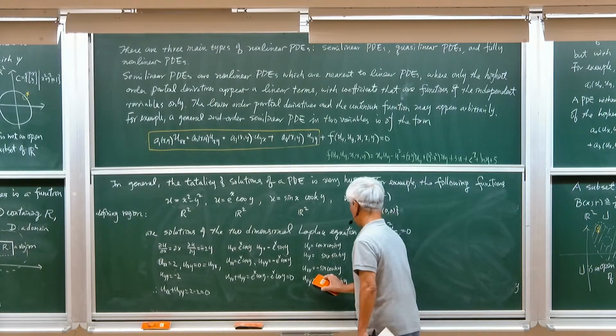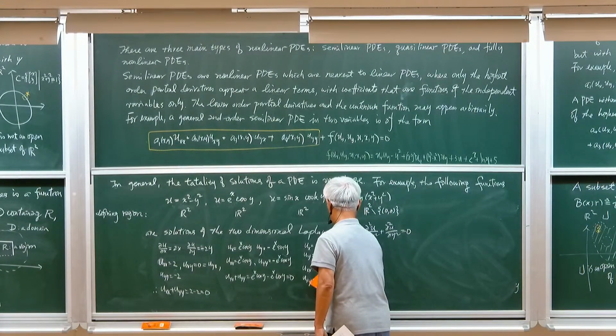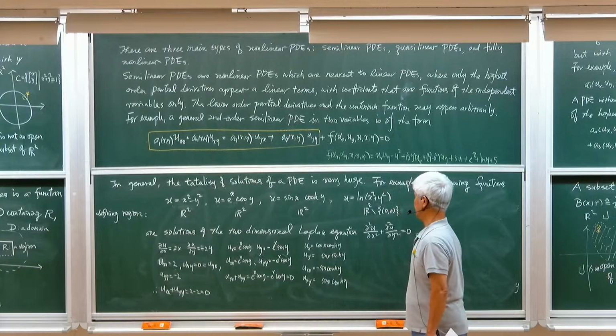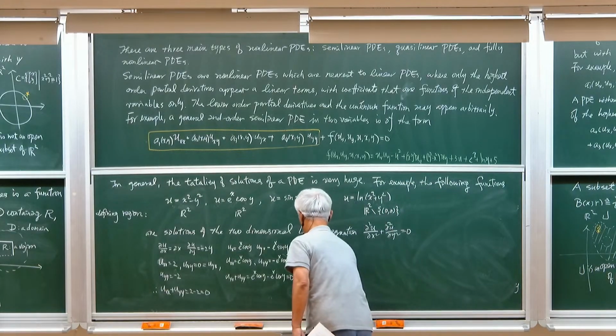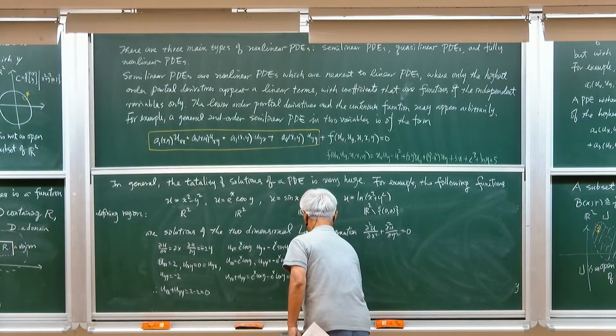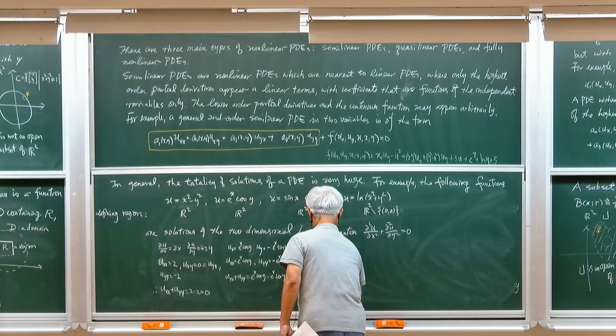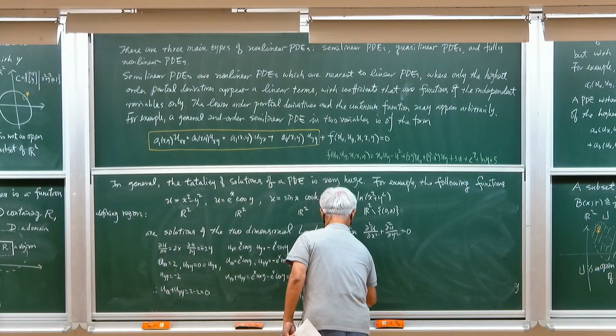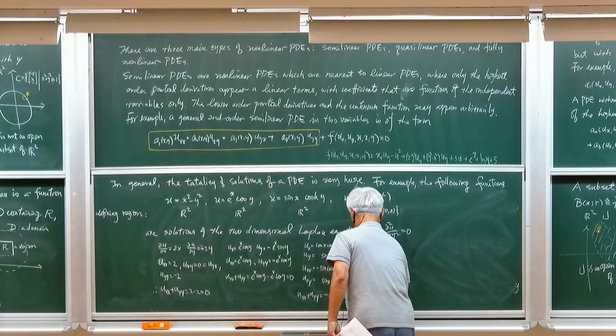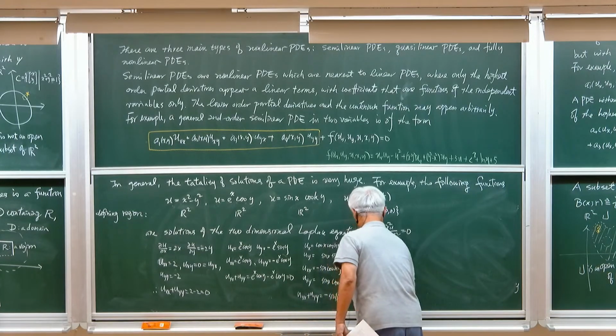So this is, okay. Alright, so u_xx plus u_yy is equal to minus sine cosh y plus sine cosh y. So this is equal to 0 again.